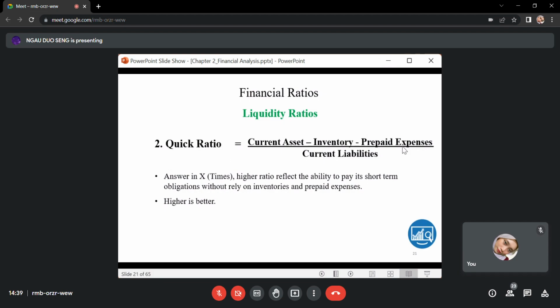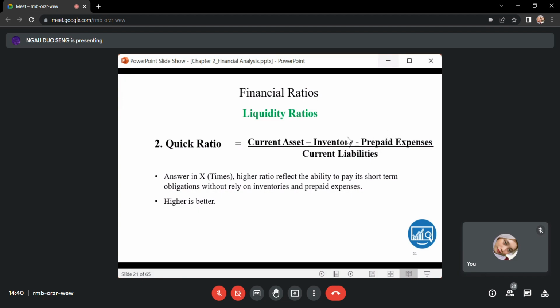Why we take out these two? Inventory takes time, dia ambil masa untuk jual. So if the company needs cash in a very quick time, in a hurry, maybe inventory cannot be sold. Prepaid expenses lagi lah, you already bayar. Normally we cannot take back the money, right? Like you pay for your prepaid SIM card.